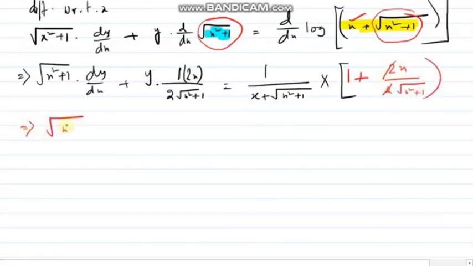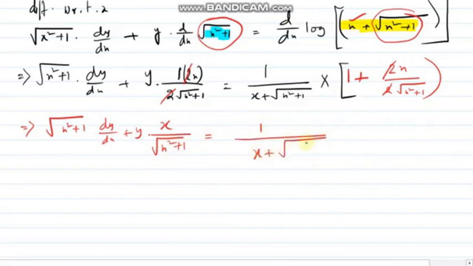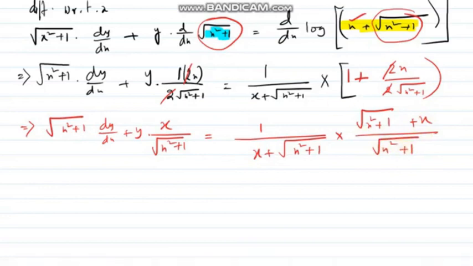So root over of x square plus 1 into dy dx plus y into x divided by this equals 1 divided by x plus this into plus x, if I take the LCM. So just check, this thing will be cancelled out.